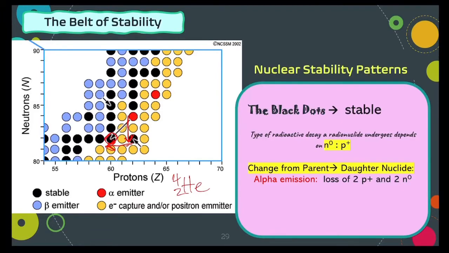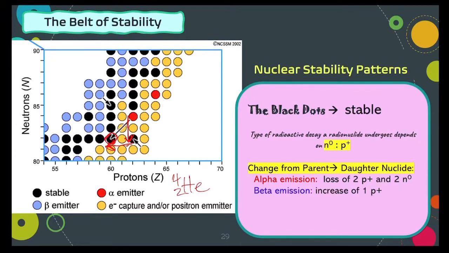So when a nucleus undergoes an alpha emission, it's going to make the most dramatic jump on the belt of stability because it involves the greatest loss of subatomic particles.